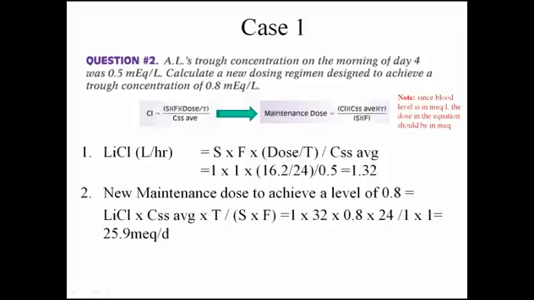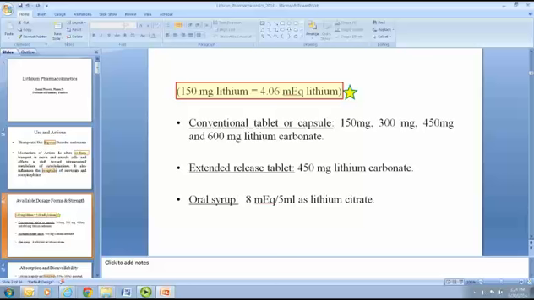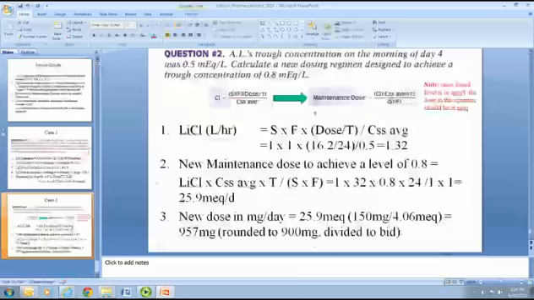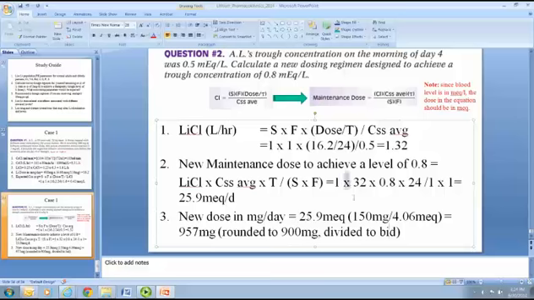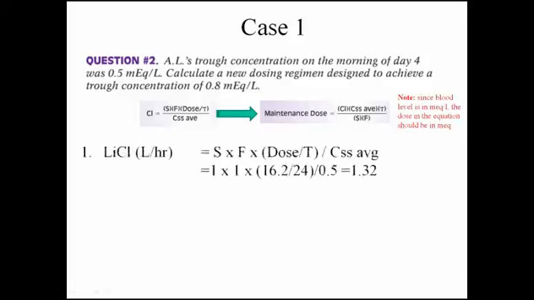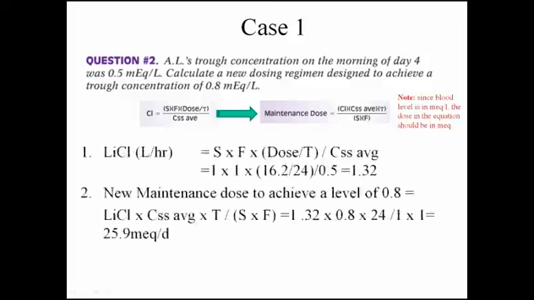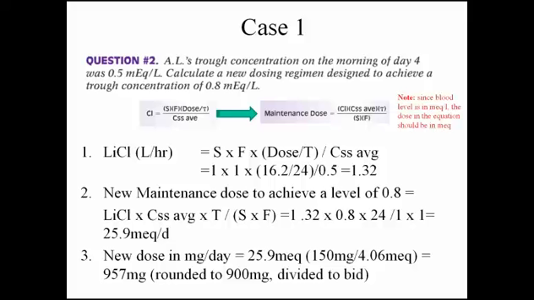So lithium clearance, 1.32, times 0.8, the level that we want to achieve, times 24 hours in a day, will give us a dose of 25.9 milliequivalents per day, which corresponds to 957 milligrams per day, and we can give it BID.